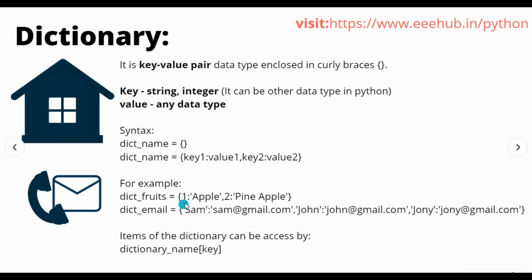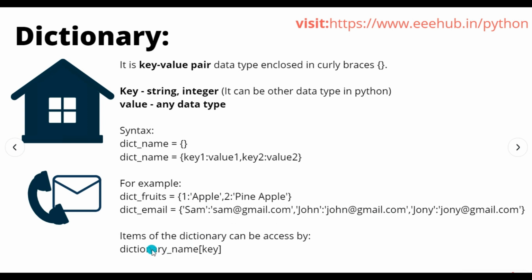Either you can use integer or you can use string. You can use other data types also, but mainly we use string and integer. So we have the name of the person as a key, and the value of that key is sam@gmail.com. Similarly, we have John and john@gmail.com. So this is how you can create a dictionary in Python.